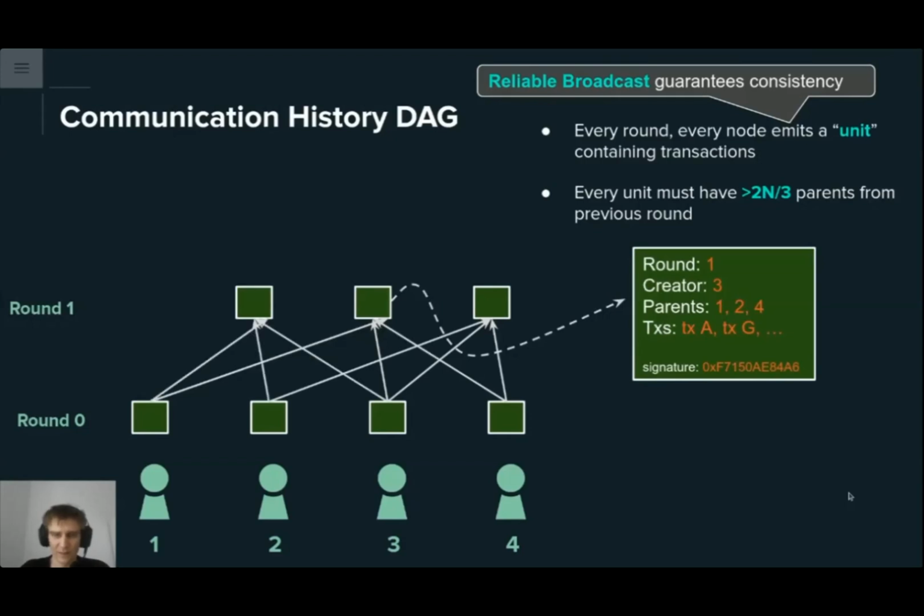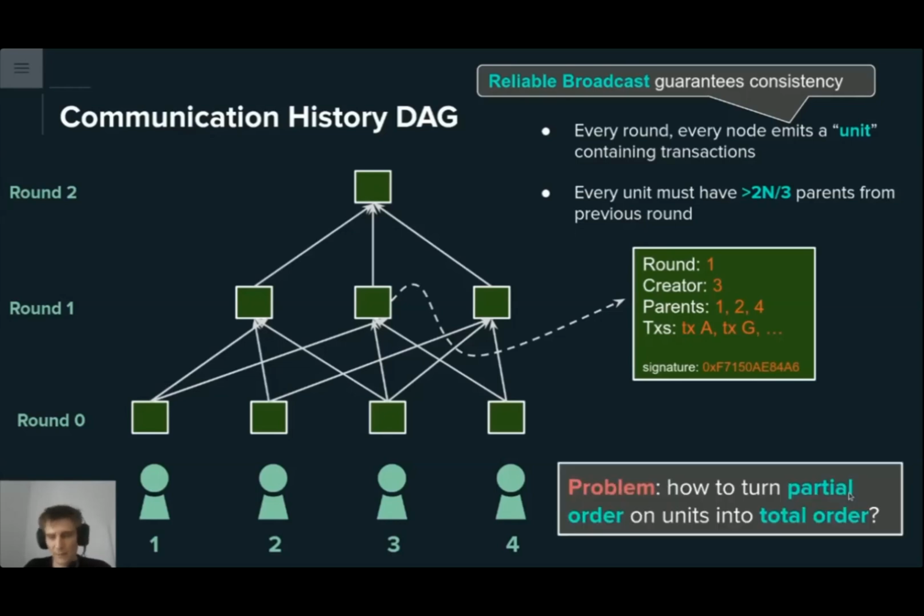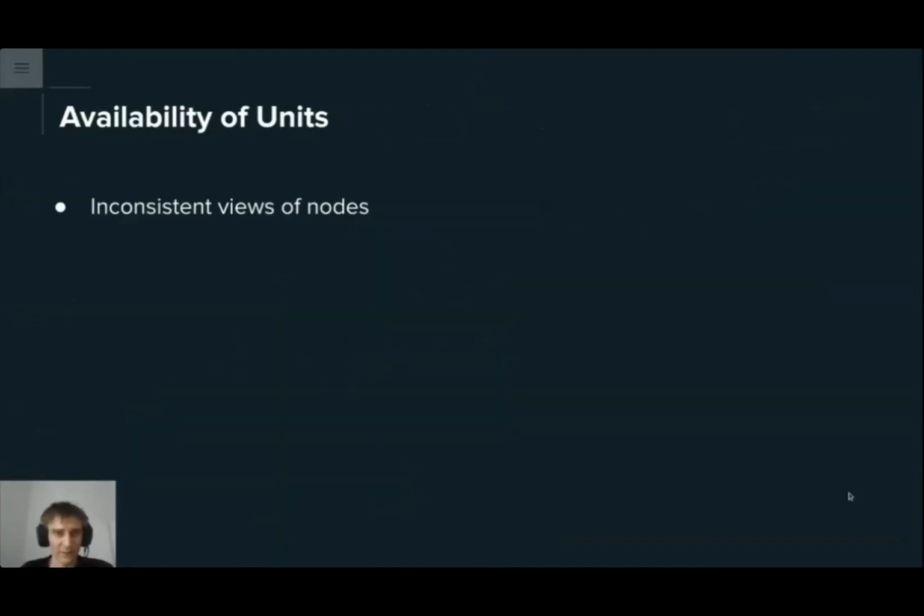Awesome. So the DAG keeps growing, the units are getting disseminated, and essentially now the problem becomes: we have this partial ordering of units, where the relation is the parent-child relation, and we would like to get one linear ordering out of all the units. Given the ordering, we'll be able to order the transactions inside. How do we do that?